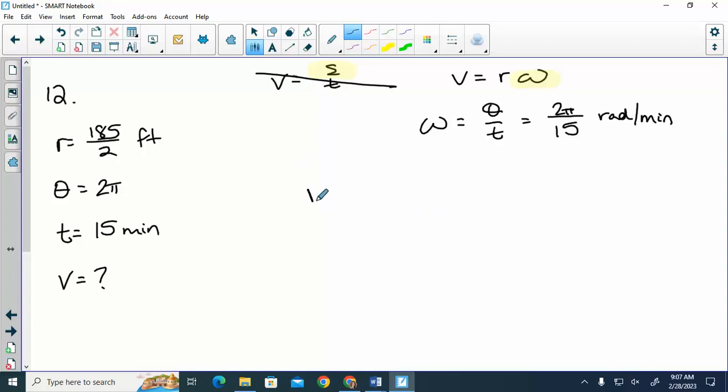So then v equals r times omega. So if you multiply those, so 37 pi over 3.